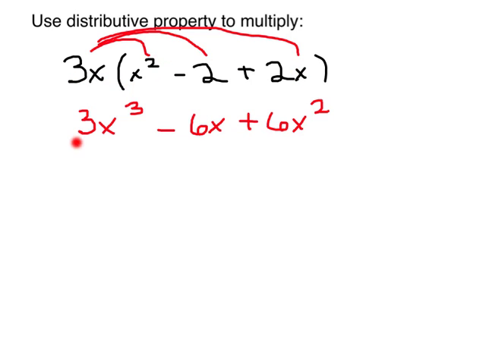So 3x times x squared is 3x cubed. 3x times 2x, and I need to fix that, 3x times 2x is positive 6x squared, and 3x times negative 2 is negative 6x, and then I'm going to rearrange it just like I just said in descending order of the variable. 3x cubed plus 6x squared minus 6x.